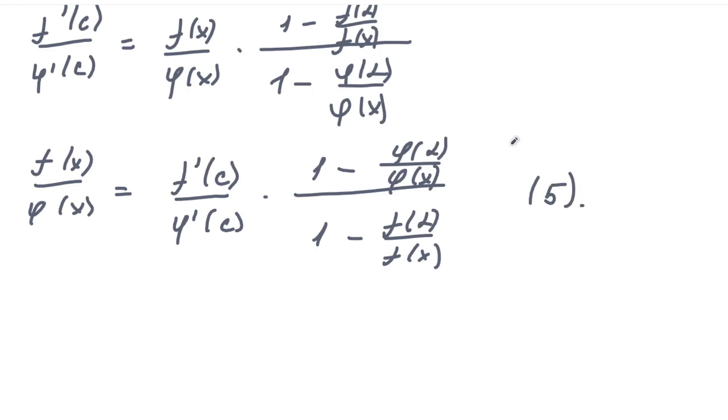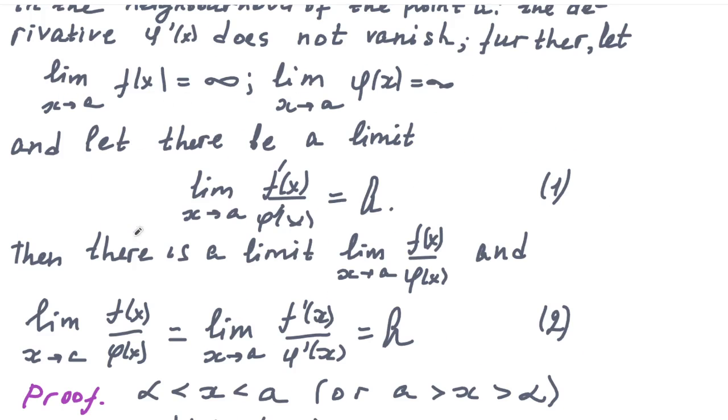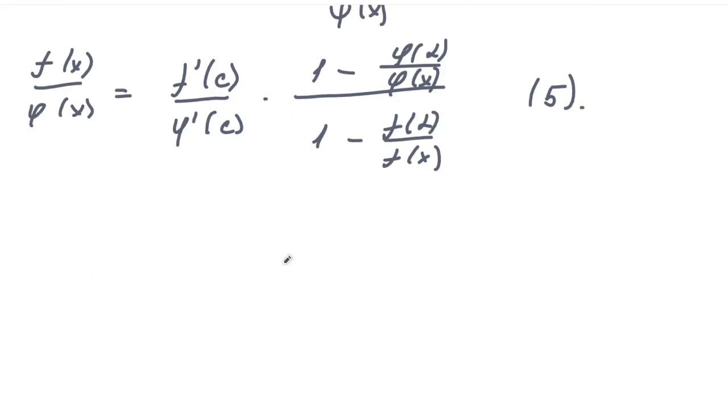From condition 1, it follows that for an arbitrary small epsilon greater than 0, alpha may be chosen so close to A that for all c between alpha and A, the following inequality will be fulfilled.